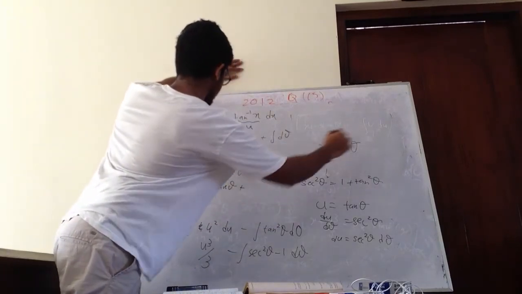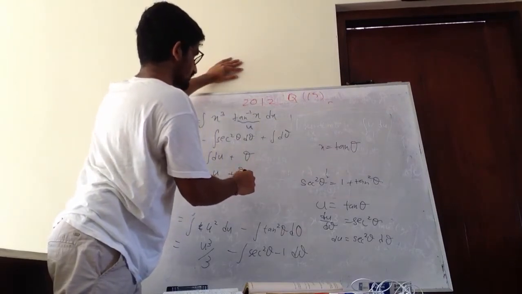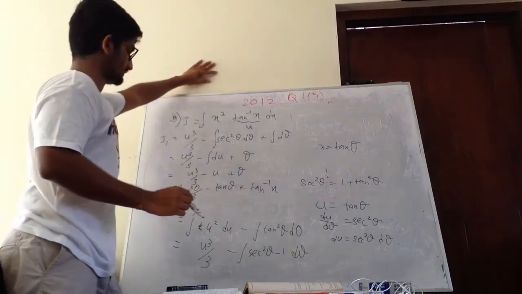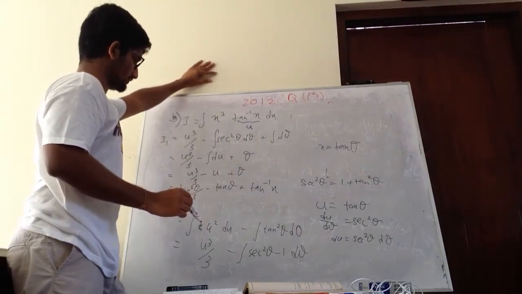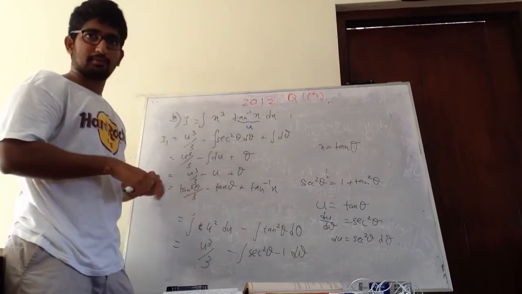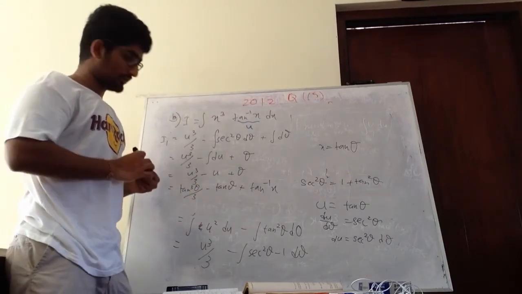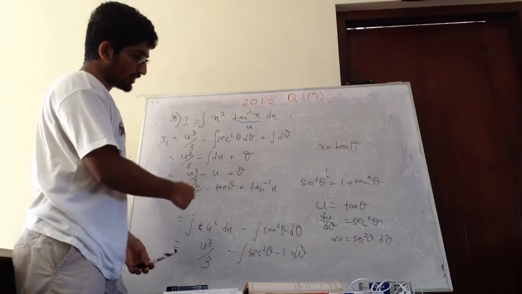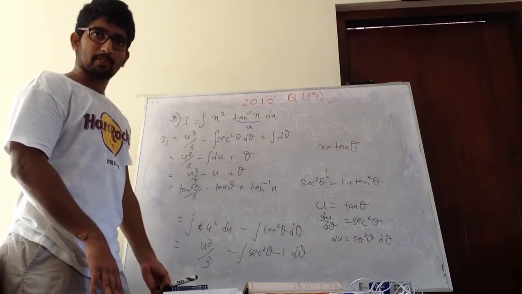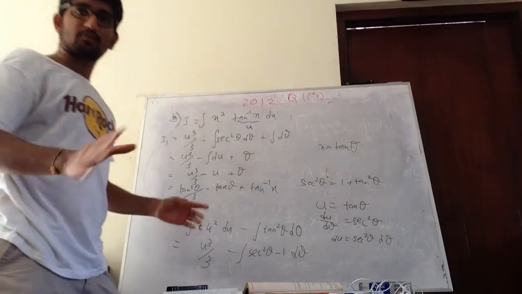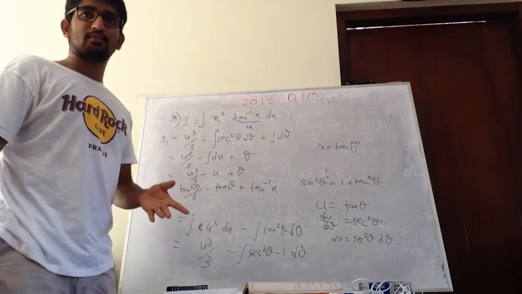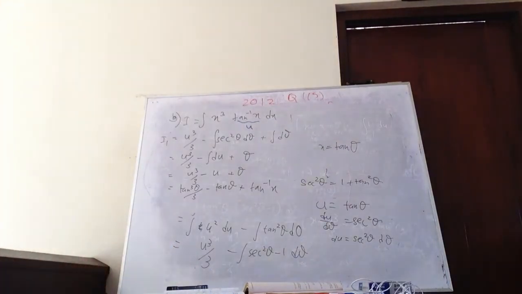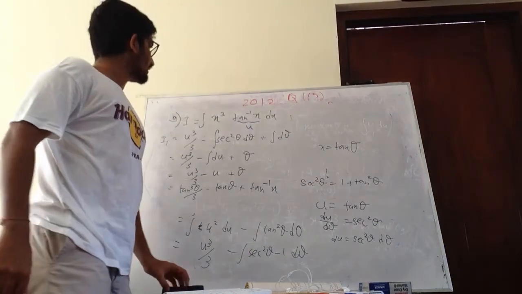It was tan inverse x, correct? Or you can keep it in terms of theta. So now we know what theta is, so then you can get the answer. So that's a very complicated way. The previous way is much easier, right?